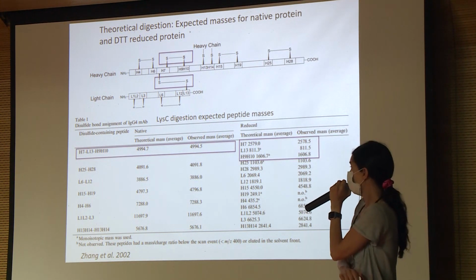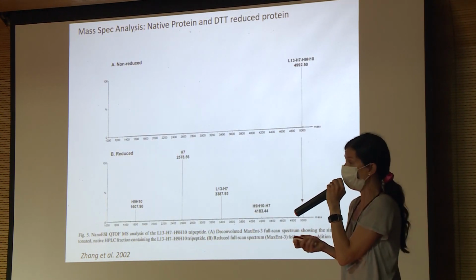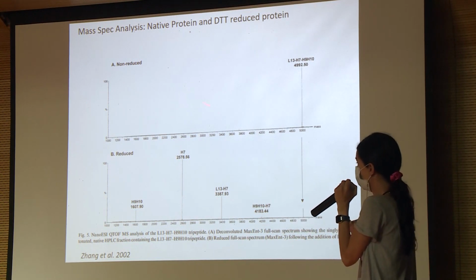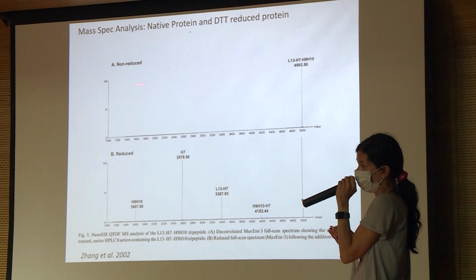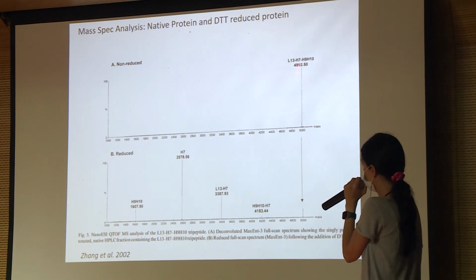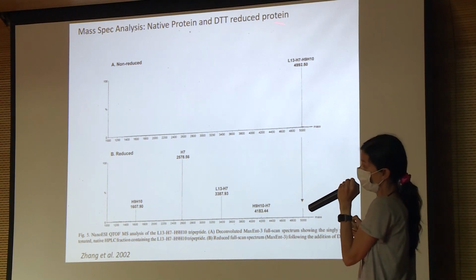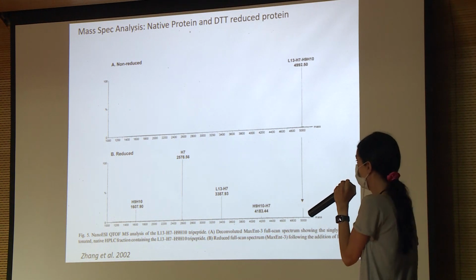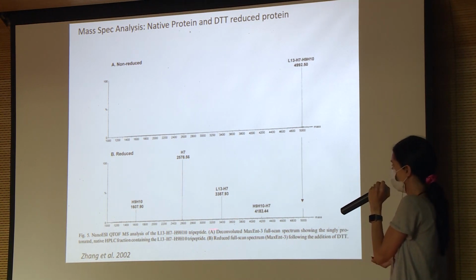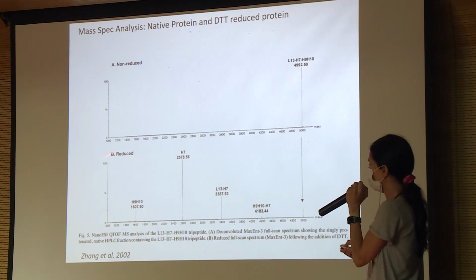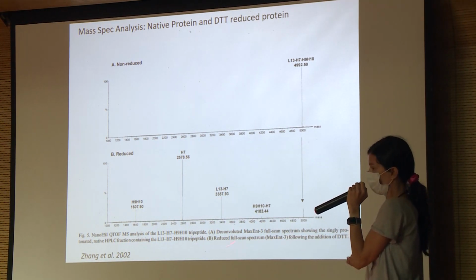So basically, if you do this experimentally and then you compare the spectra, we can see that for the non-reduced sample, we get this high peak of the expected mass for the tripeptide. And then when we reduce it, this peak becomes really, really small, and we get the different combinations of the individual peptides or dipeptides.